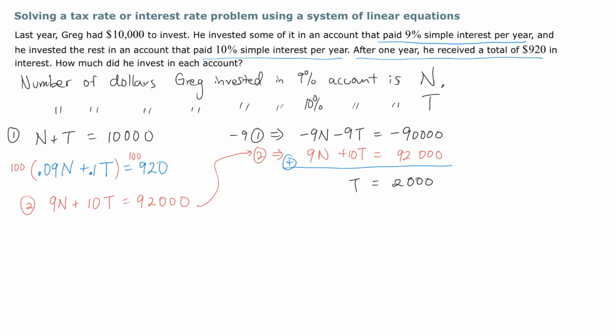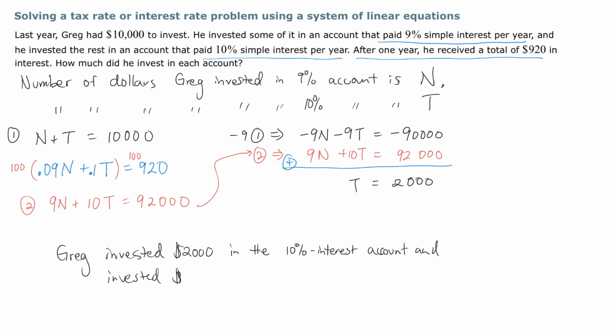Aha. Well, let's answer the question in a complete sentence. Greg invested $2,000 in the 10% interest account and invested $8,000 in the, what was the other account?